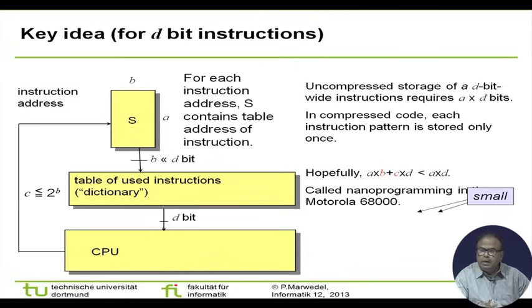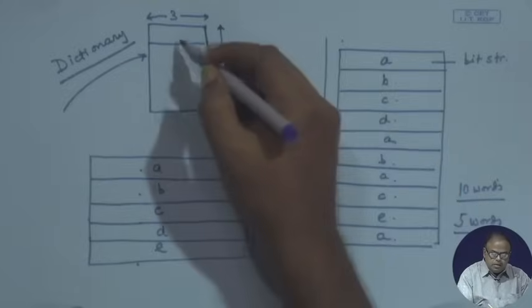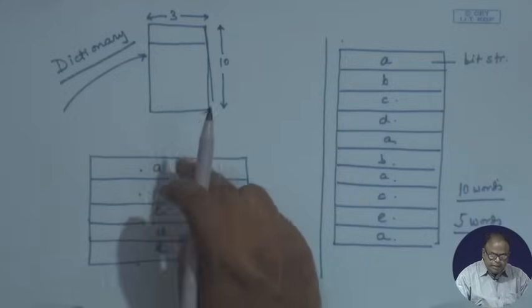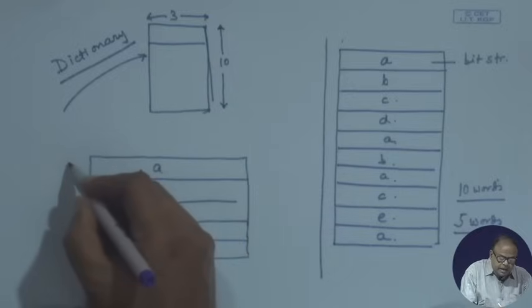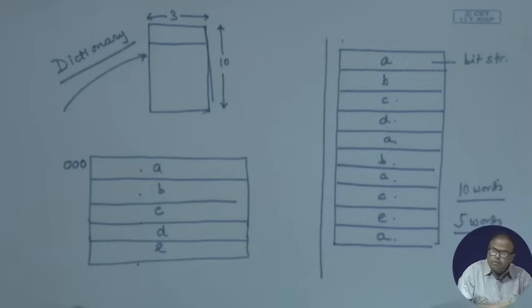Is it clear? I have got some instruction. Again, let us come here. Suppose I want to have the first instruction A. That means I am generating the address, say 001 or 000.